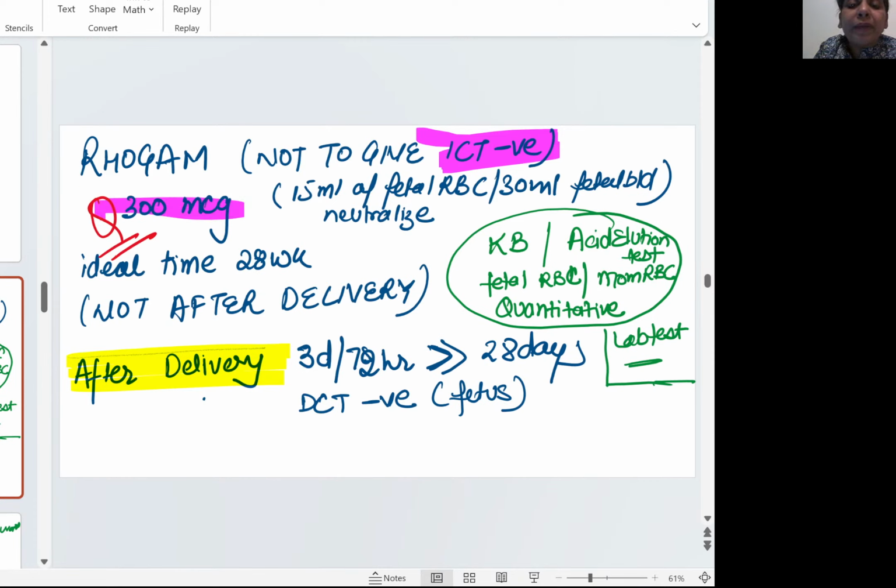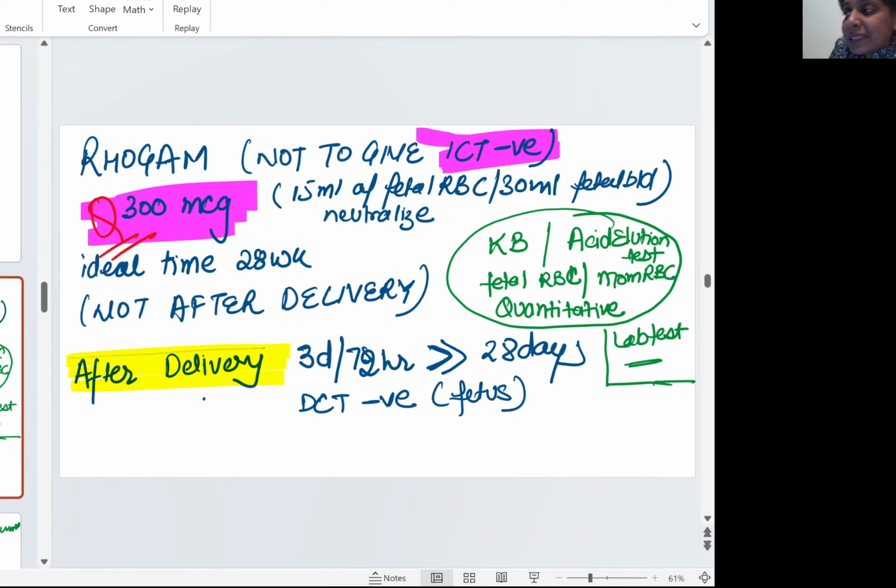This was a PYQ of FMG. The dose is 300, so you have to remember 300. Not the Rosette test. The test which you have to do before giving anti-D is ICT.